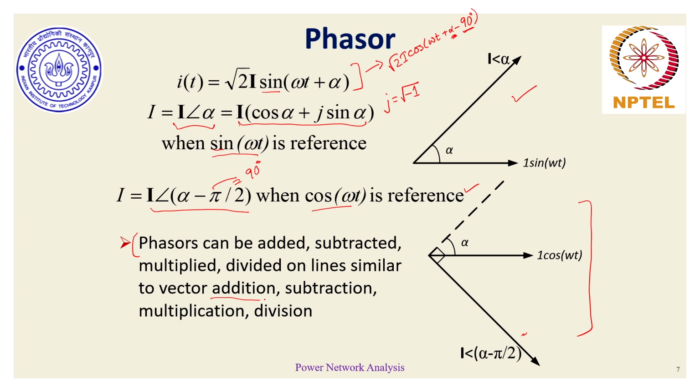Addition of phasors would be very useful in understanding the application of Kirchhoff's voltage law to synchronous generator modeling and transmission network modeling. Both addition and subtraction would be useful in that perspective, whereas multiplication would be very useful in understanding how power is evaluated in these steady state models.